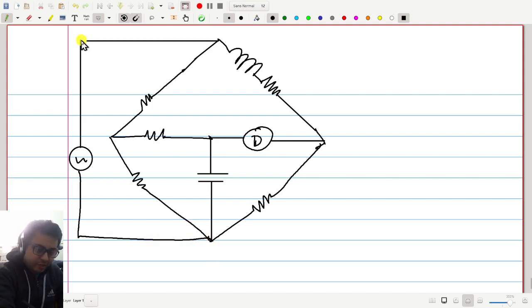This is a very peculiar bridge, and it is used for measuring an inductor Lx, Rx. This is the unknown inductor to be measured.